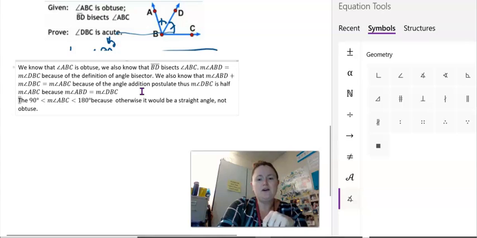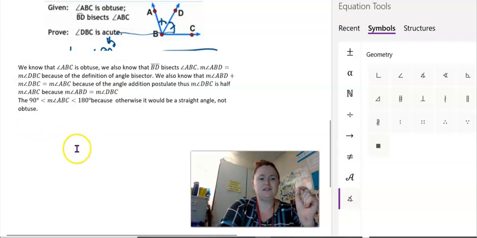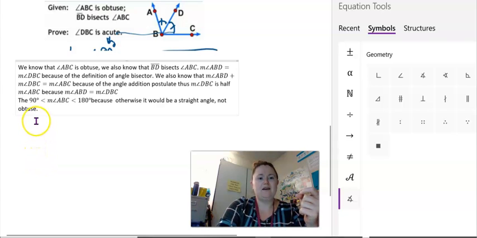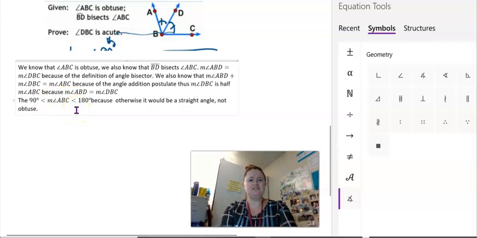So it's not so hard to do these if you're just writing the words out. It's important though to make sure you put your sentences in the right order and that each thought flows from the one before it. Okay? So then, since we know that ABC has to be less than 180, we just established that DBC is half of ABC.